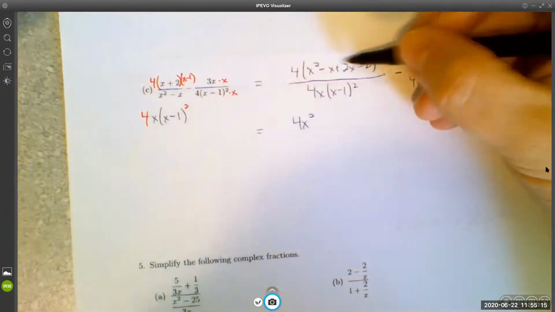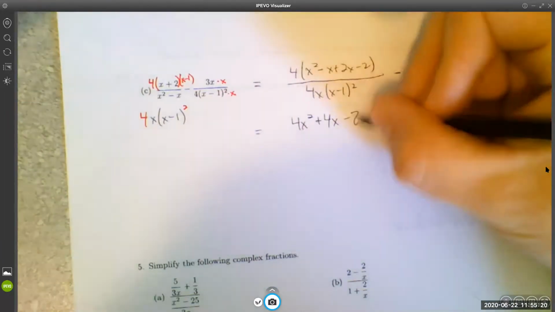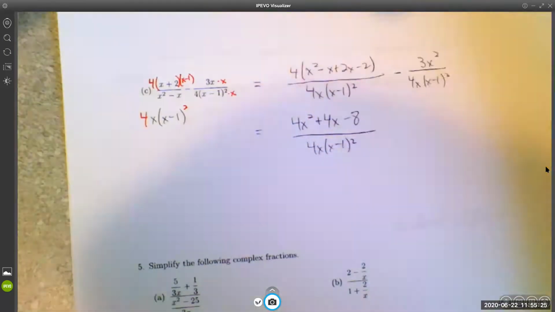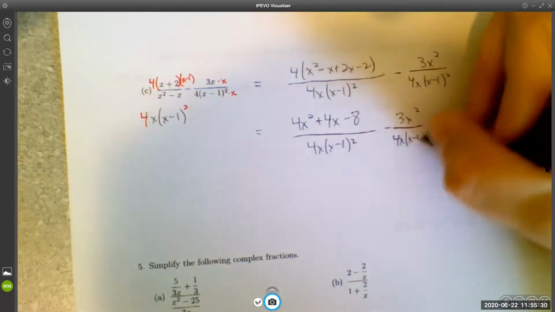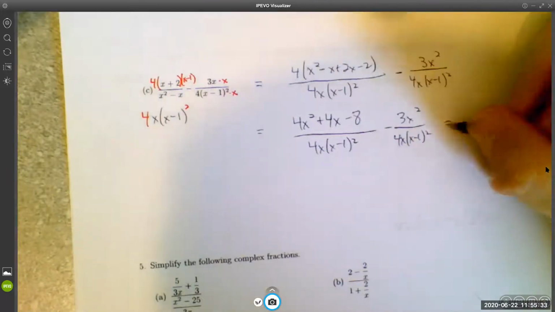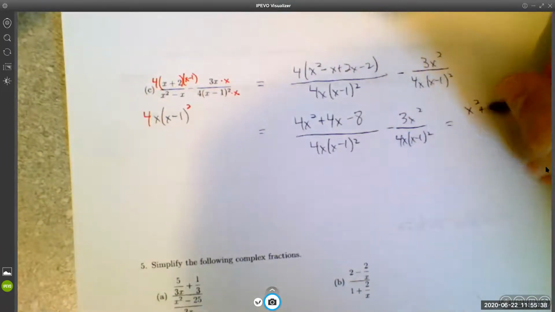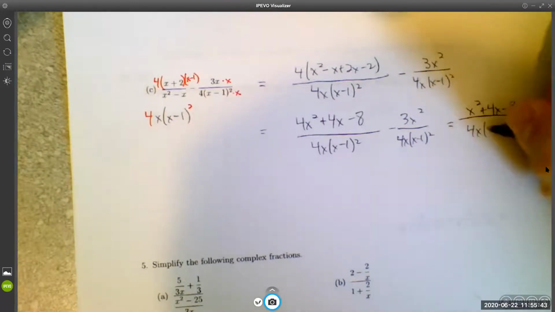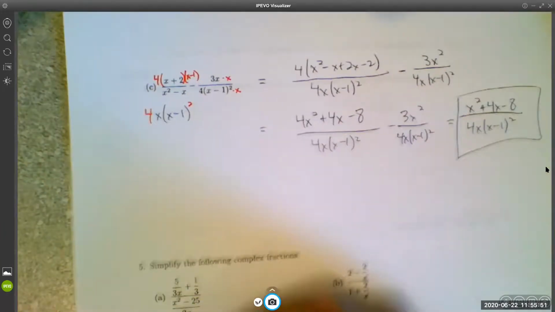Negative x plus 2x is a positive x times 4. Four x minus 3, or 4x squared minus 3x squared. And this isn't going to factor, so that's as far as that one goes.